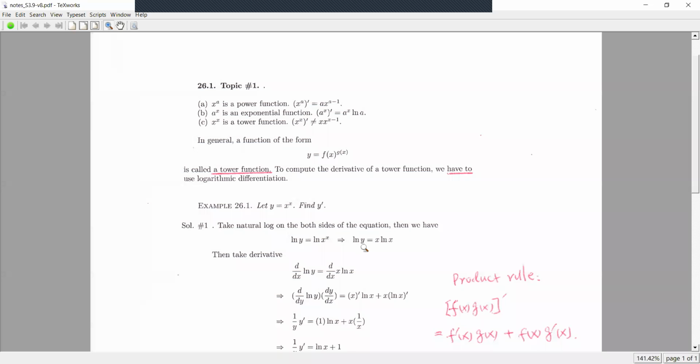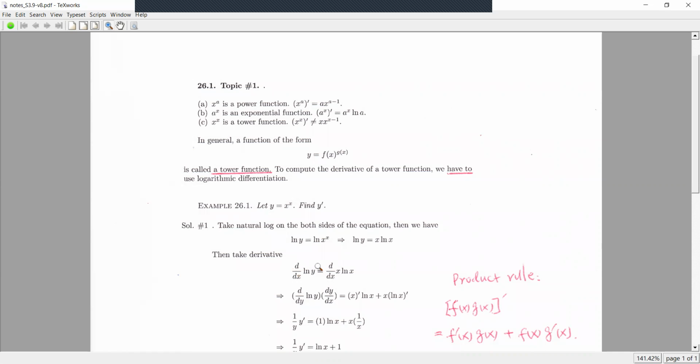Now, take the derivative on both sides of the equation. Then I have this equation. The derivative on the left side contains two different variables, x and y. I cannot compute it directly.